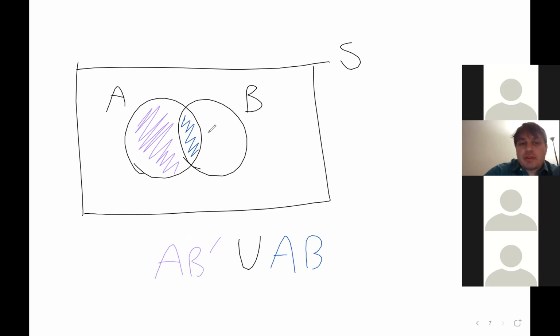And so you take AB prime union AB and you get A. Right? So you see how A is equal to AB prime union AB. Okay, so we have this equality of sets. And so that implies that P of A is equal to P of AB prime union AB. Okay, so that's statement 2.